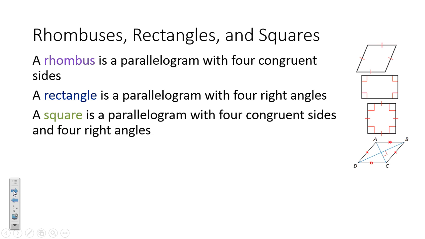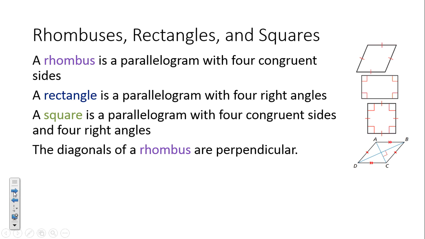The next figure shows a parallelogram with a 90-degree angle inside of it. That's a rhombus because the diagonals of a rhombus are perpendicular.